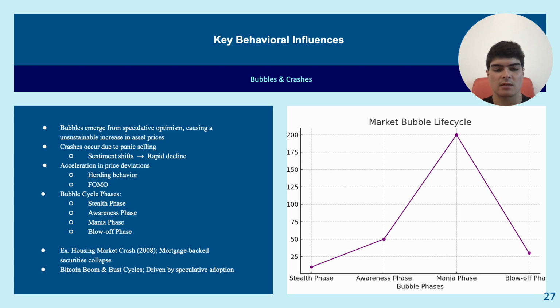The mania phase is where everyone jumps in, and the FOMO, fear of missing out, drives prices to unsustainable levels. Finally, in the blow-off phase, the crash happens as investors rush to sell. An example is the 2008 housing crash, and as well Bitcoin's boom and bust cycles, and even the dot-com bubble, as previously brought up, has followed this. All of these have followed this pattern.